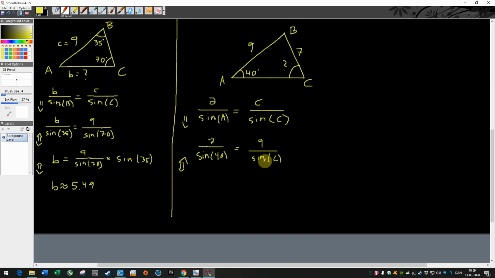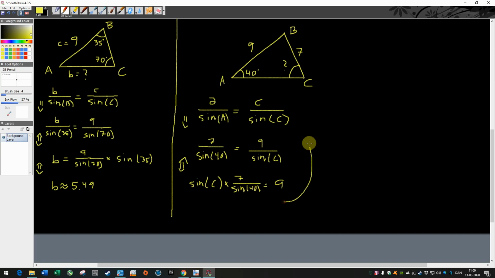First you multiply with sine C on both sides. Since the unknown is down here, you want to get rid of that fraction. So it's in the denominator here, sorry, we multiply with it on both sides. So you have this, and it is equal to 9.